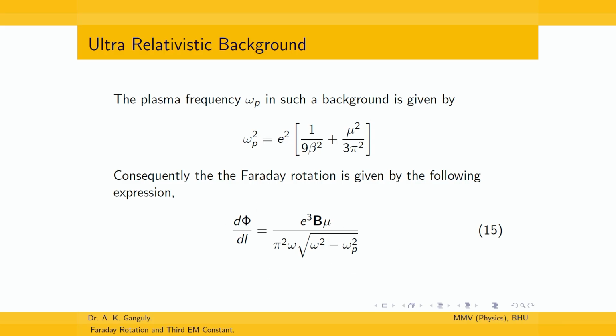So, to draw some sort of a conclusion, I think it will not be unfair to say that the rotation of the plane of polarization that one usually finds in the case of Faraday rotation can differ drastically from one situation to the other, particularly when the situations are different in terms of their corresponding magnitude in temperature, chemical potential and magnetic field strength.